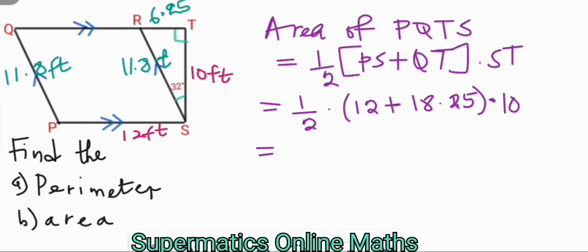So that's the product of 5, which is half of 10, and 30.25. That's going to be square feet.